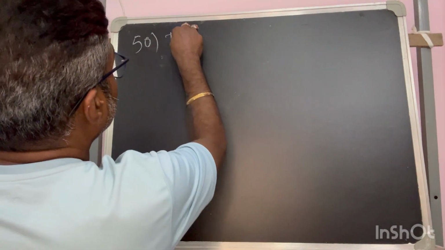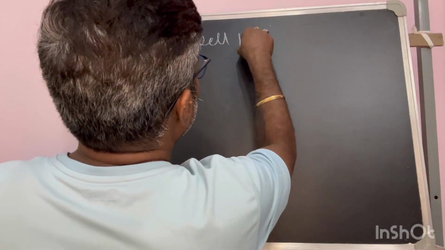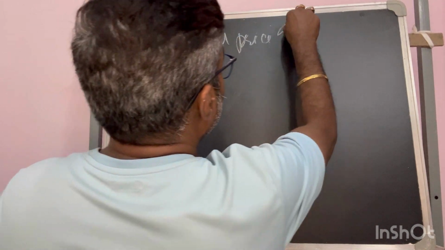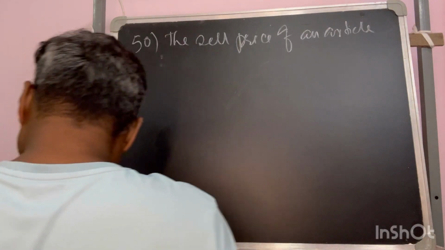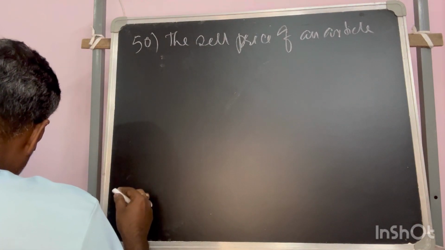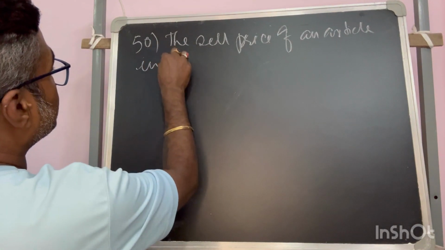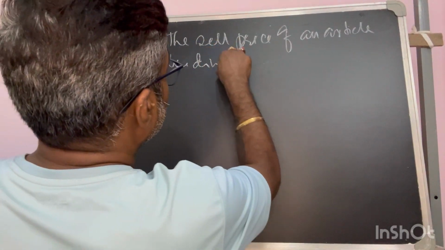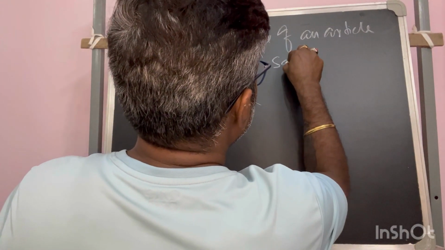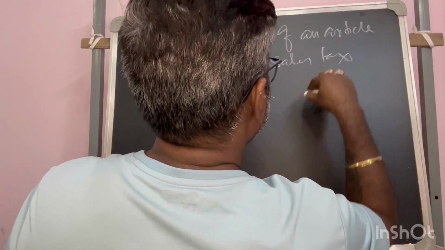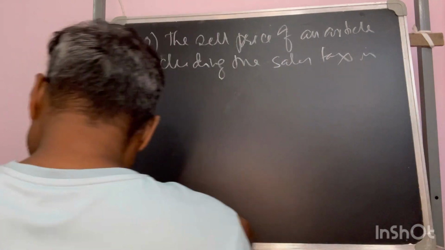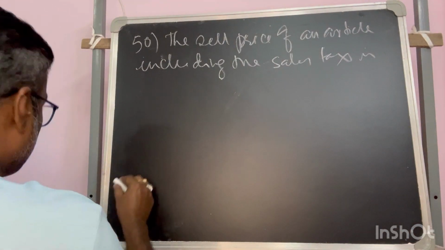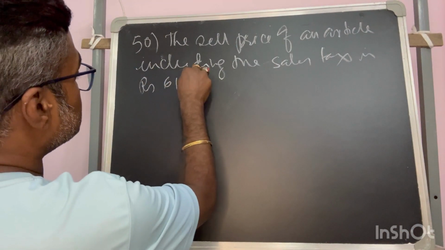The sell price of an article including the sales tax is rupees 616.